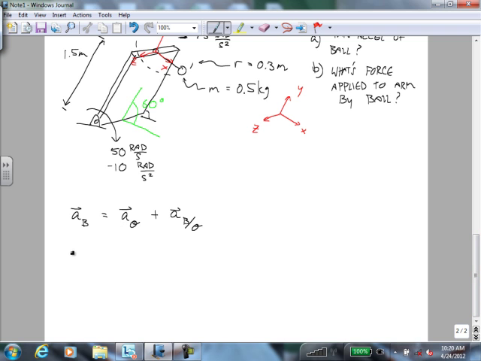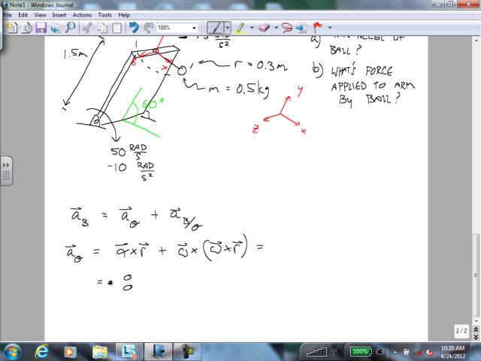So the acceleration of the origin is equal to alpha cross r plus omega cross omega cross r. So what's the alpha in this case?